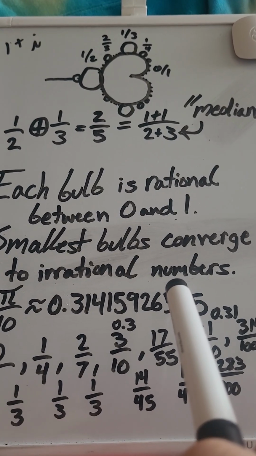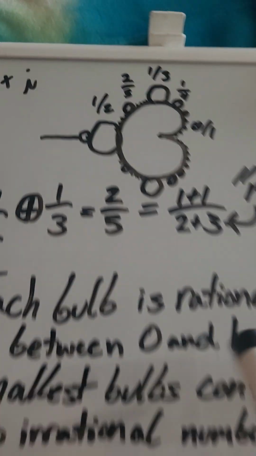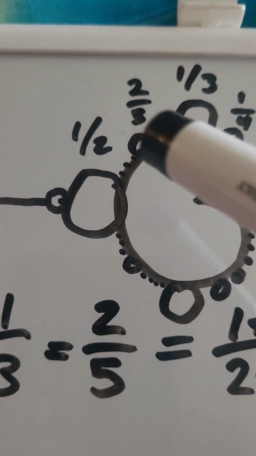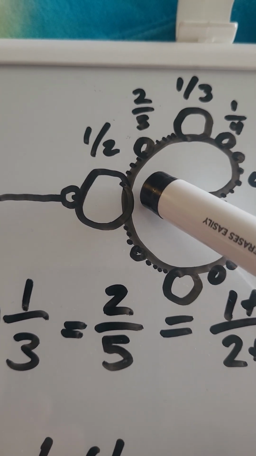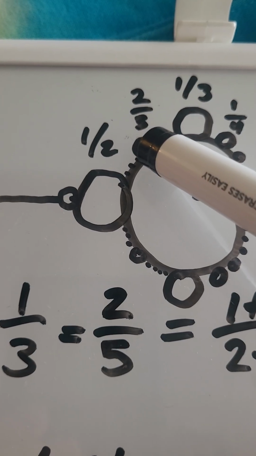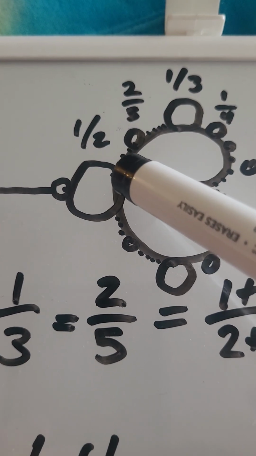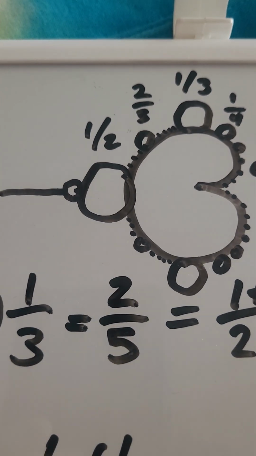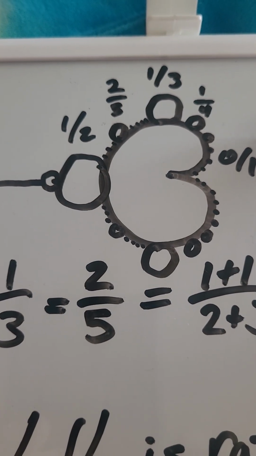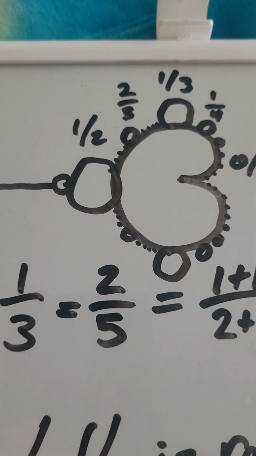It may not be right all the time, because obviously as you get smaller and smaller bulbs approaching the 1/2 bulb, I'm pretty sure you are converging upon 1/2, right?